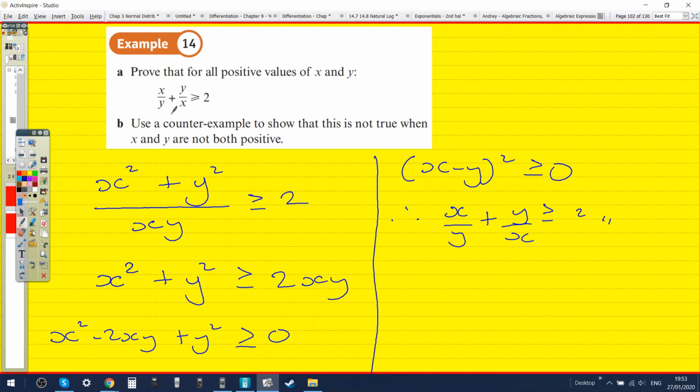Counter example B. So there's some number you can find that violates that thing. Two numbers in this case.